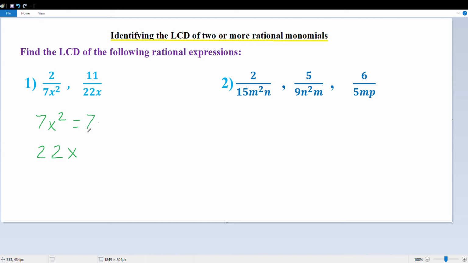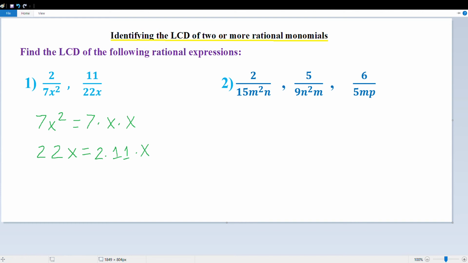So 7 times x would be the factor of the first denominator for the first problem, and the second denominator would be 2 times 11 times x. Now the next step would be to find the factors that are repeated the largest number of times.